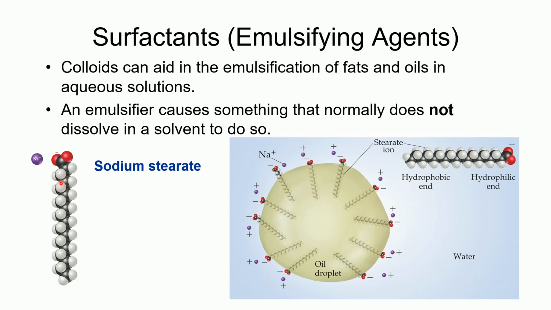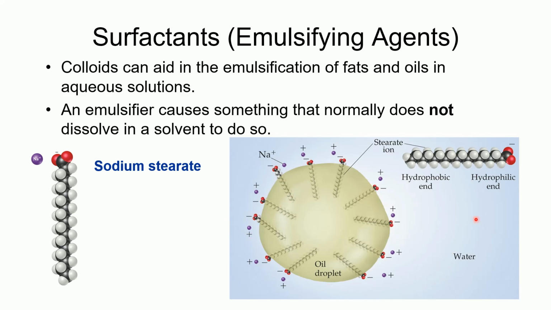If you take a droplet of oil and put some sodium stearate in with it, this long nonpolar part will dissolve in that droplet of oil, but the polar part will stick out on the edge. Because that polar part sticks out on the edge, you get this little boundary where you've got all these little negative charges on the edge of that oil droplet, and you can disperse this in water. So you've got the ions, and you can disperse that through the water.